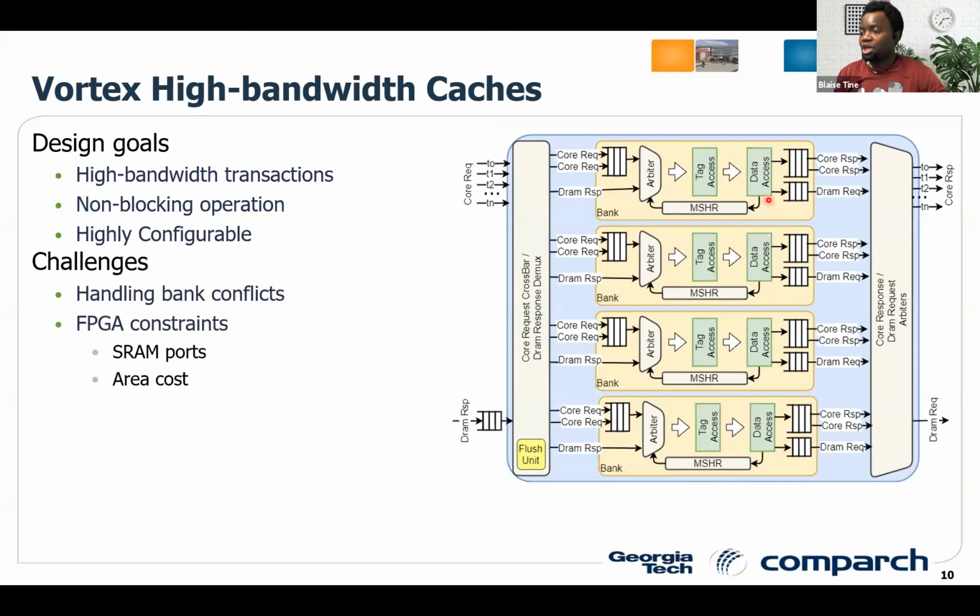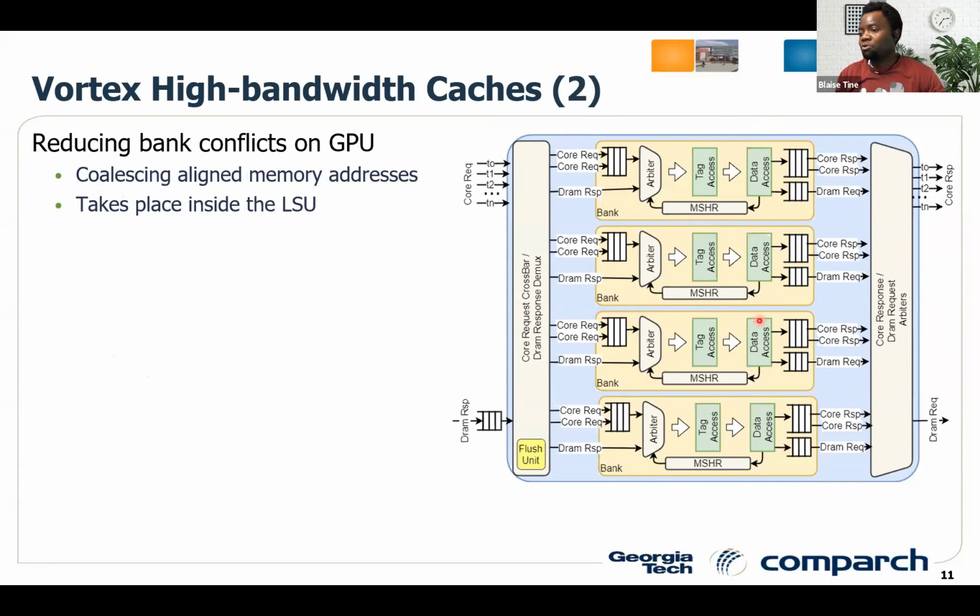One of the challenges that we encountered while implementing the high bandwidth cache was to figure out a way to scale the design for the hardware, for the FPGA, being able to leverage the available SRAM and the constraint with the number of ports that exist on the device. There was also a challenge with handling bank conflicts in an efficient way, so that we don't introduce too much area cost or performance latency.